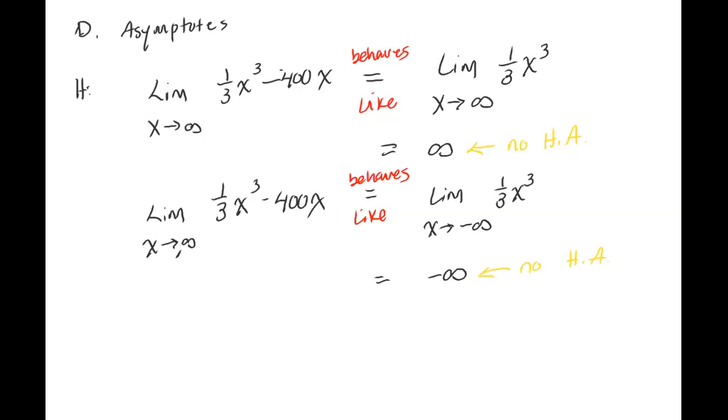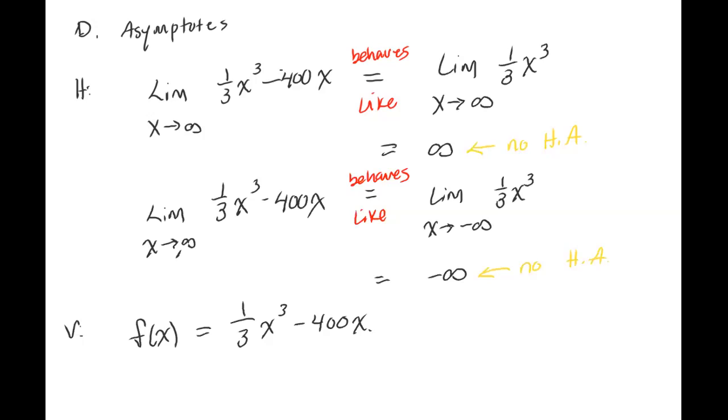How about vertical? Vertical asymptotes. Well, I'm going to lean on the domain for vertical asymptotes. f of x is equal to 1/3 x cubed minus 400x. And I am looking for values for which there would be division by 0, or that would cause me to take the square root or an even root of a negative number, or that caused me to have to input a negative number or 0 into a logarithm.